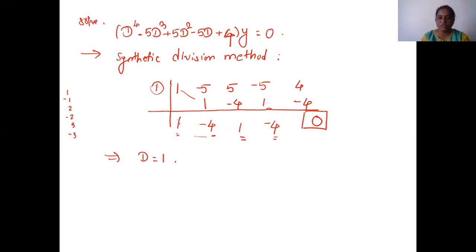So what is this equation? 1 D cube minus 4 D square plus 1 D minus 4 is equal to 0. As we get the first root, the remaining equation is this. So we get the first root D is 1. And can you solve this on the calculator now?